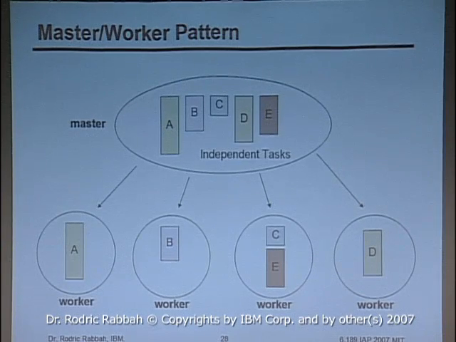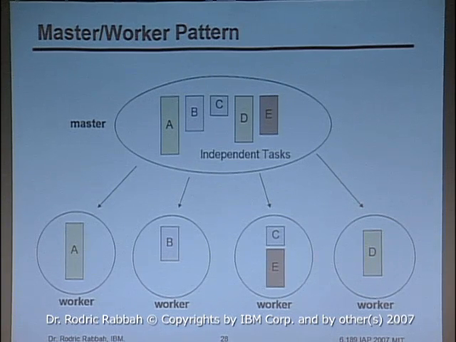In the master worker pattern, this is really starting to get closer to what we've done with the cell recitations and the cell labs. You have some world of independent tasks, and the master is essentially running and distributing each of these tasks to different processors. In this case, you get several advantages that you can leverage.